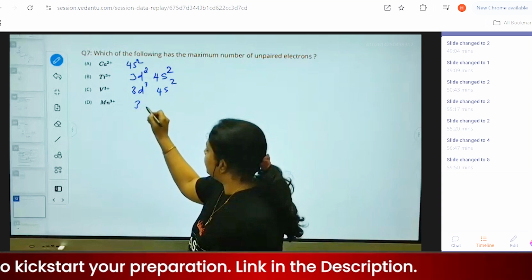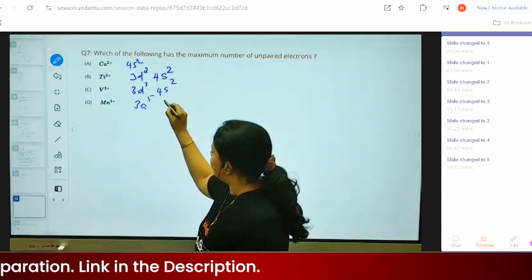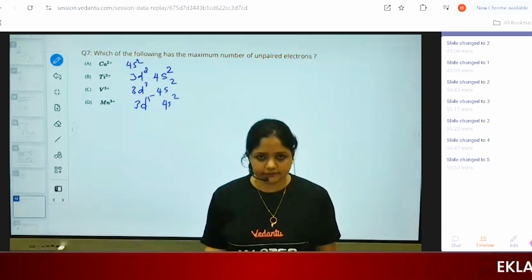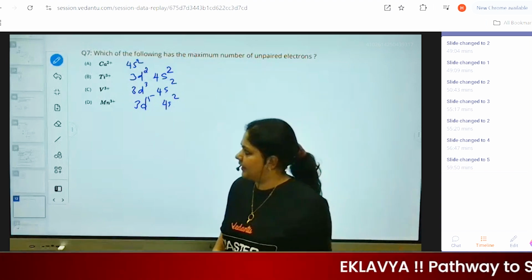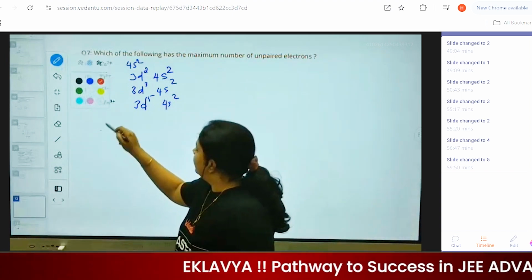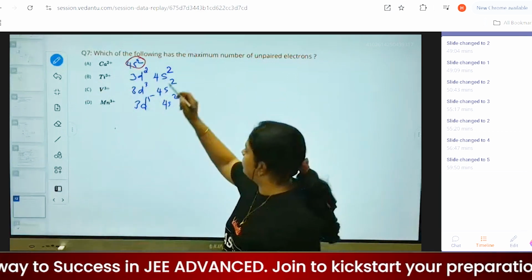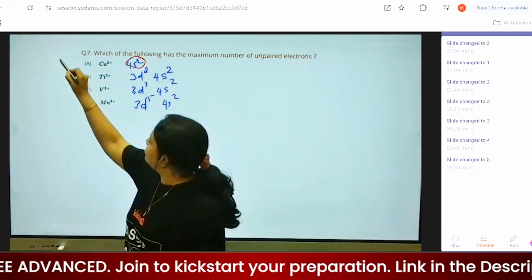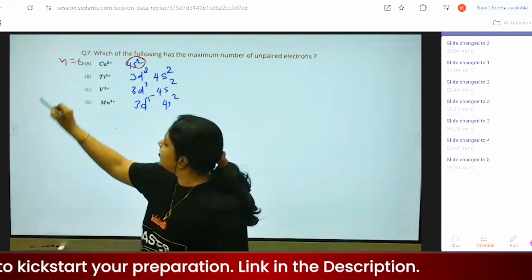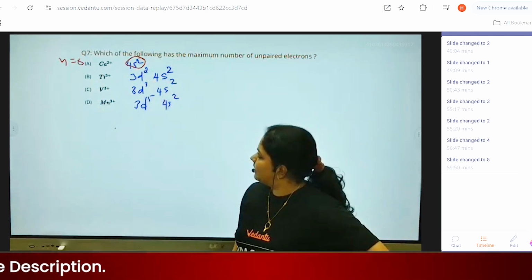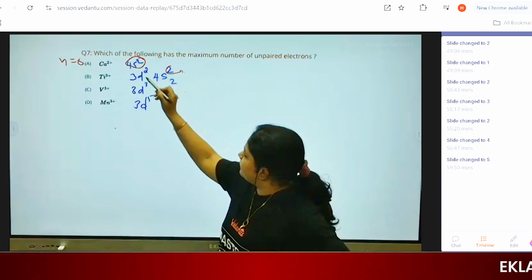Now let's go on removing the electrons. Here in this one I have removed 2, so there are no unpaired electrons. For this, unpaired electrons is 0. Coming to this one, titanium: 3 electrons, 2 from here, 1 from here.